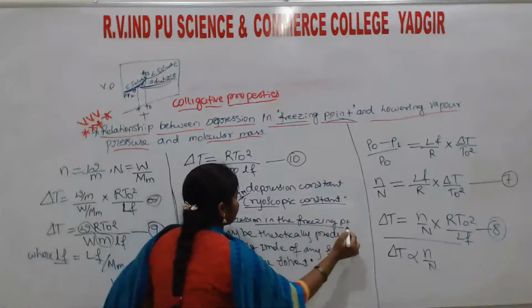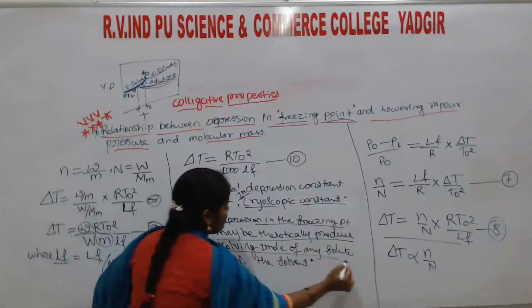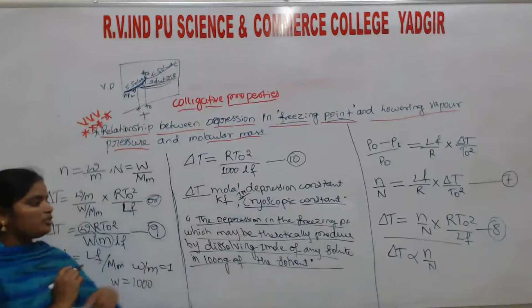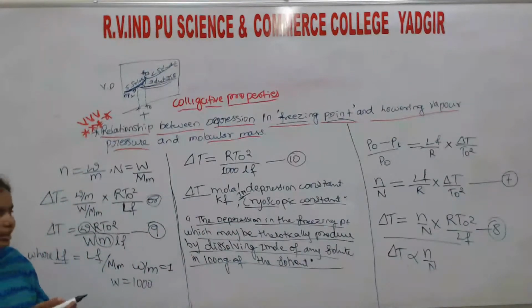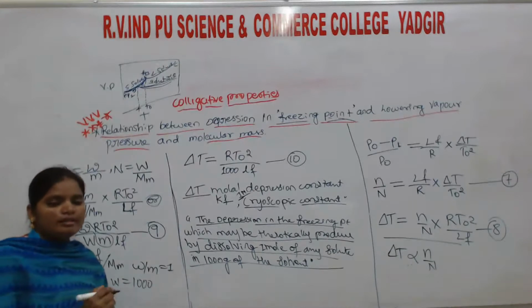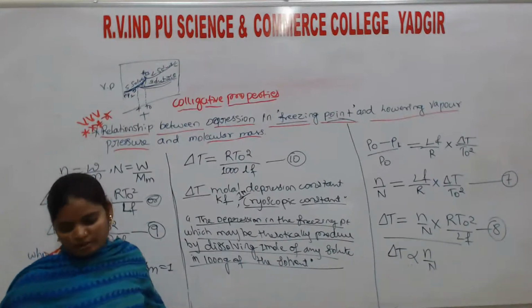You write this in your examination for the 1 mark question up to here: the depression in the freezing point which may be theoretically produced by dissolving 1 mole of any solute in 1000 gram of the solvent.